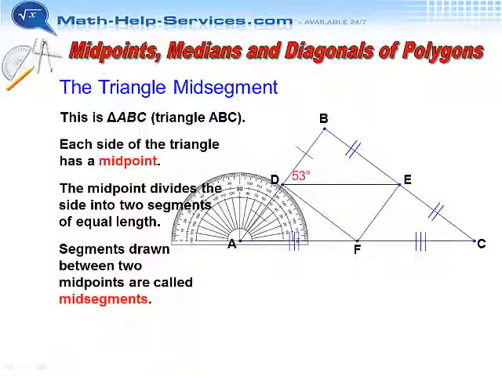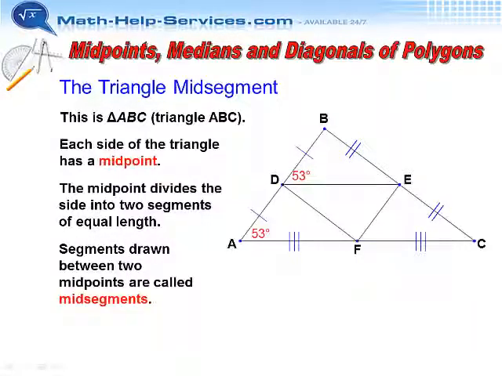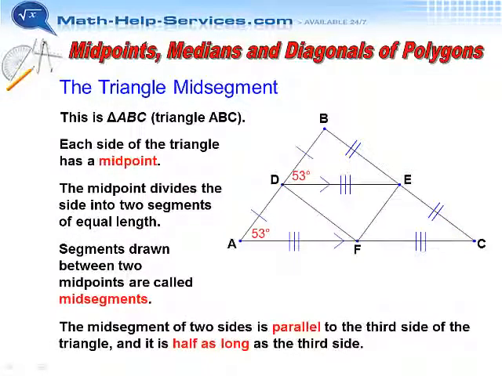Notice we can measure the degree of each angle, and we can see the midsegment of two sides is parallel to the third side of the triangle, and it is half as long as the third side.